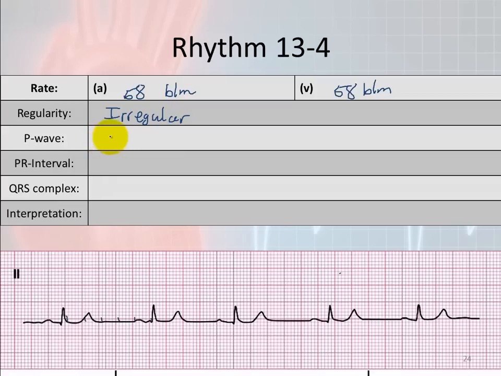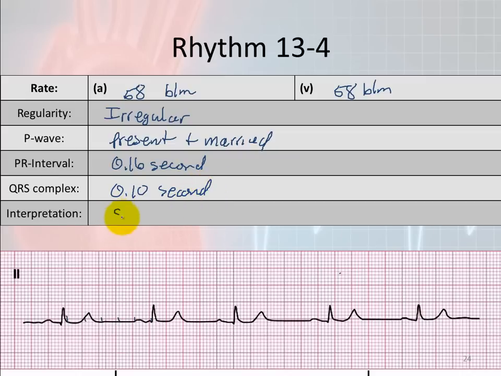The P wave is present and married. The PR interval looks to be about 0.16 second. QRS complex looks nice and narrow. The underlying rhythm is going to be a sinus brady.